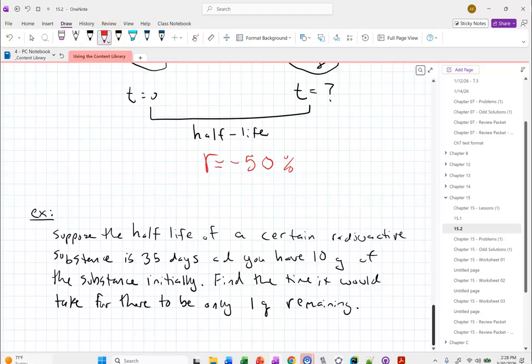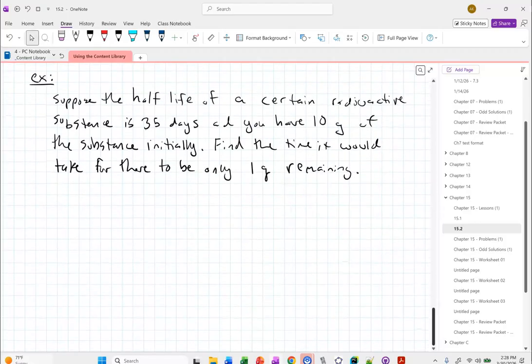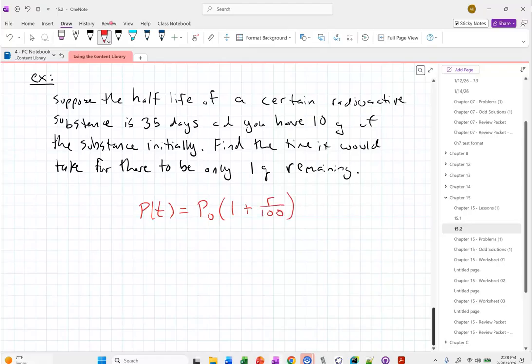So here it says, suppose the half-life of a certain radioactive substance is 35 days, and you have 10 grams of substance initially. Find the time it would take for there to be only 1 gram remaining. So again, even though we're not talking about living organisms, we can still use this population model.